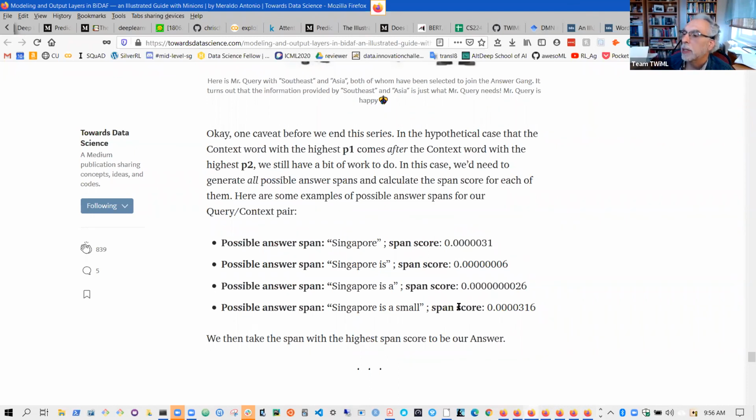So it's basically the number of combinations of context words taken 2 at a time, which can be very large. If your passage is a paragraph of 100 words, then that can be a very large number that you have to go through. Yeah, so that makes sense. And then you just pick the one with the highest score.